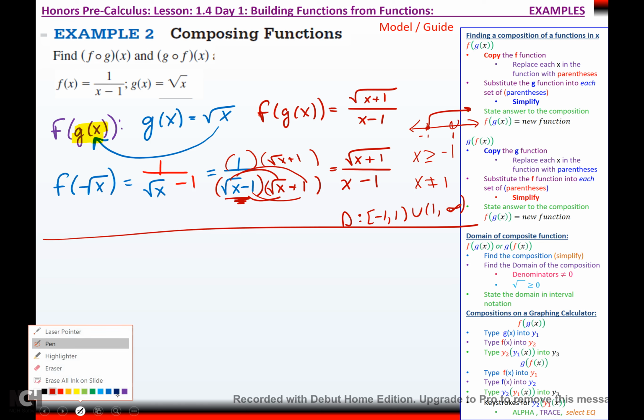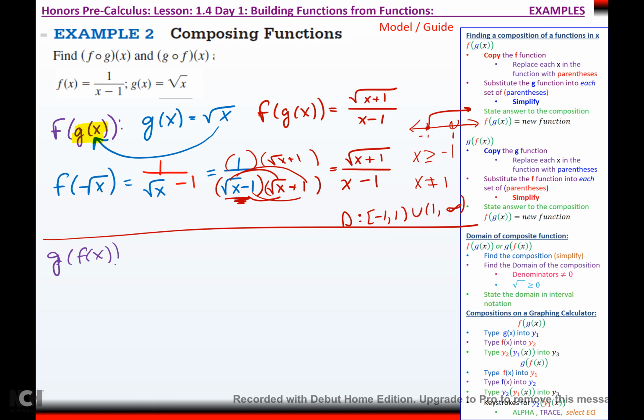Alright, then they want me to find g of f of x. Well, this says that we start partying with f. And that party says, bring what you got, but I got an x. So this says take out x and put x back in. So you're taking the whole f function and you're taking it to the g party.